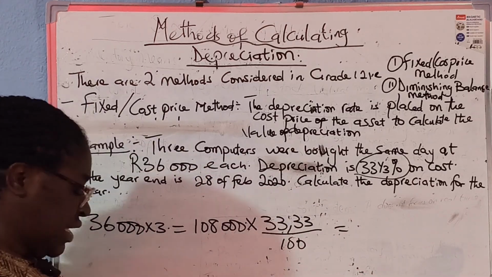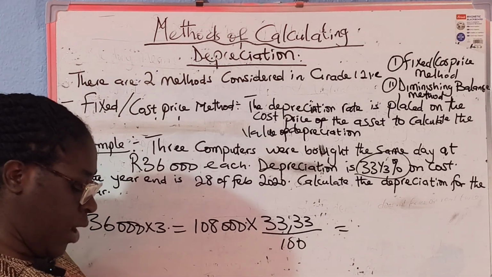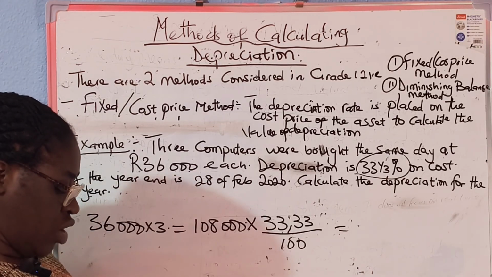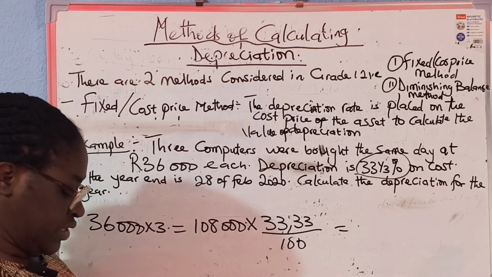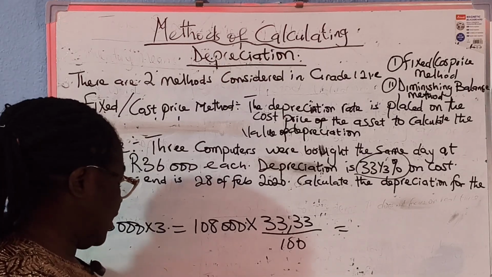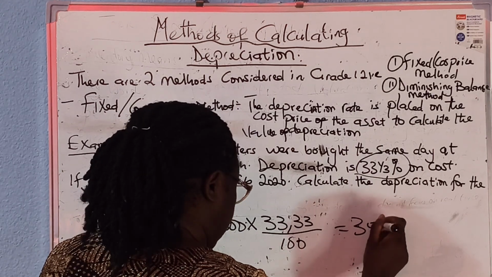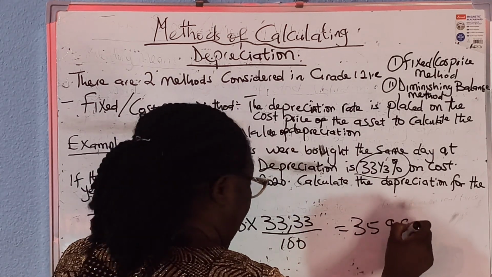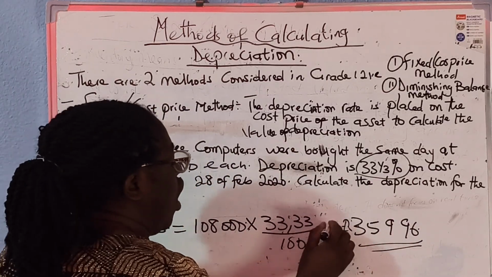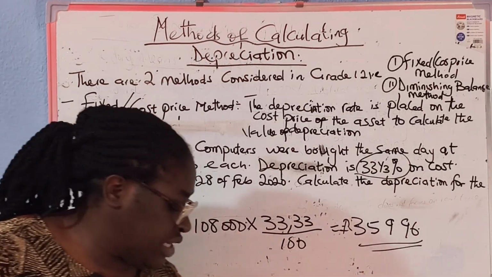Once I do this, I'm ready to get my depreciation: 108,000 times 33,33%, and that gives me 35,996, which is the amount of depreciation for the whole year on this fixed asset.